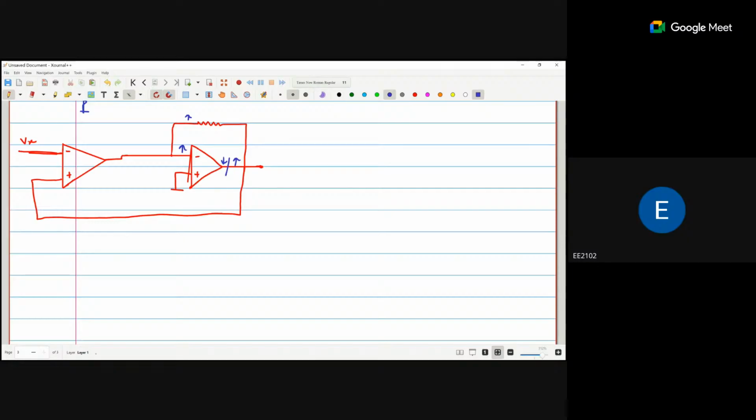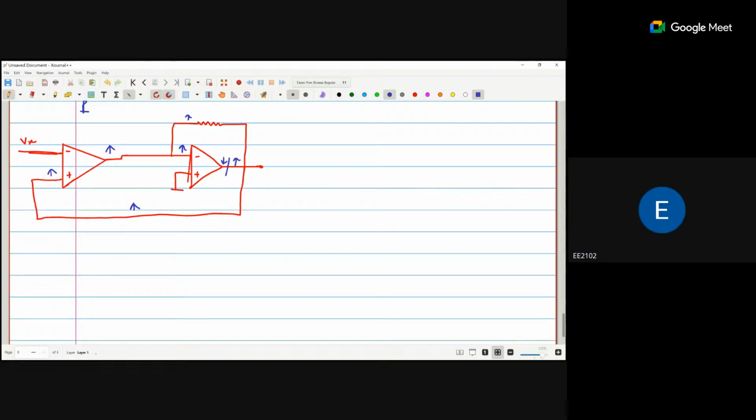For the first one, break the loop and increase the voltage; it will increase here. Now if I consider the positive terminal, it increases here, and this increase multiplied with the negative sign decreases here.